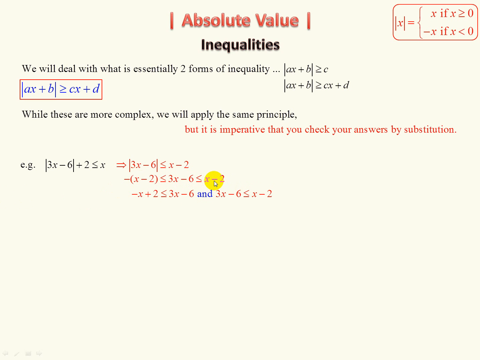Never shall we get rid of them by the traditional means. We separate, have that as an inequality, and then this as an inequality. Solve the two of them, and we end up with those two answers: x greater than or equal to 2 and x less than or equal to 2.